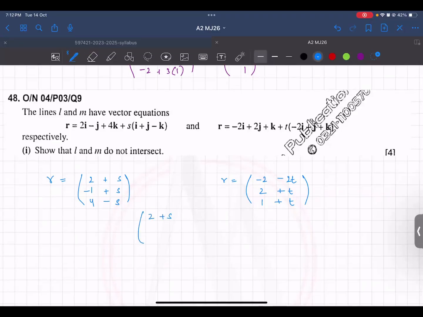So 2 plus s, minus 1 plus s, 4 minus s, equals minus 2t, 2 plus t, 1 plus t. And you would form the three equations.